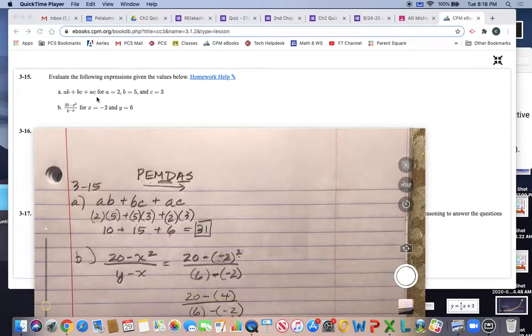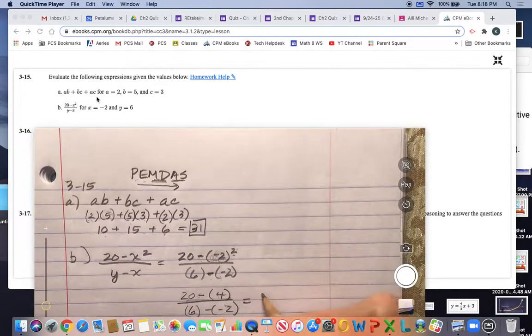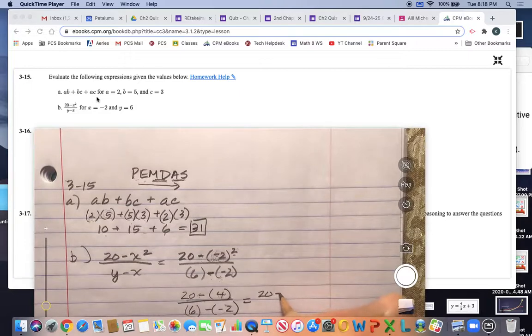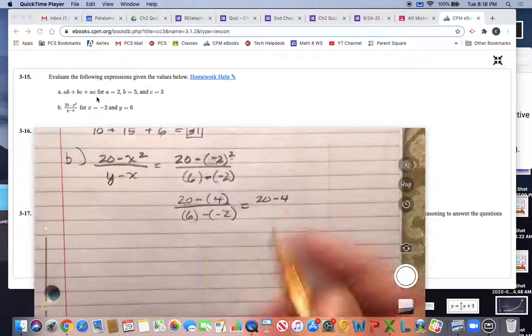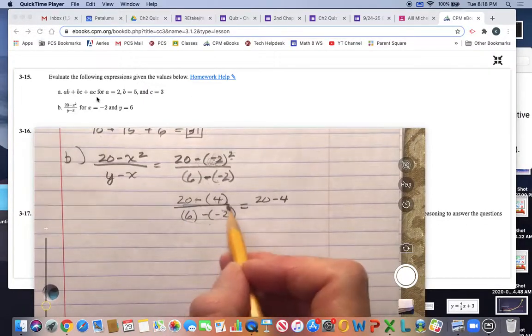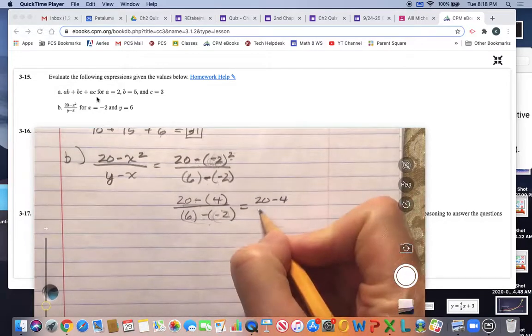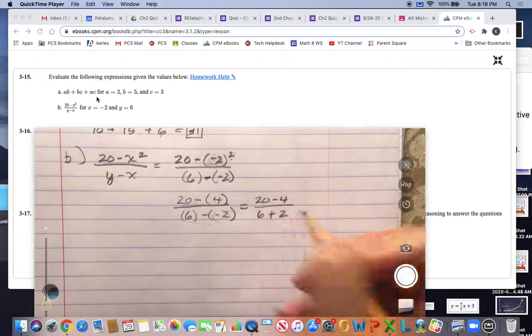Okay, so now we need to look at what's going on with the parentheses. So this will just be 20 minus 4. So let's go ahead and just write that, 20 minus 4. And then below, we will need to resolve this first. So we're going to flip the negative 2. So this will be 6 plus a positive 2.